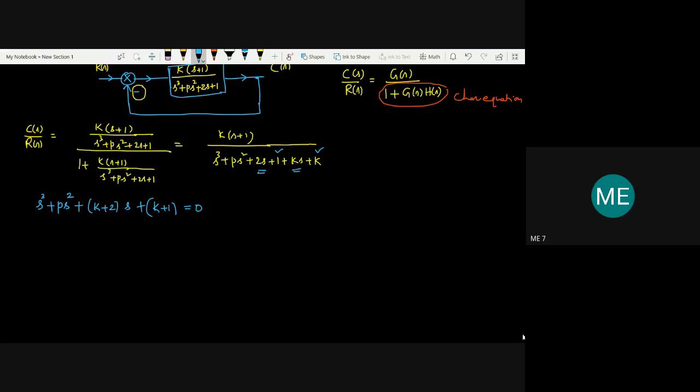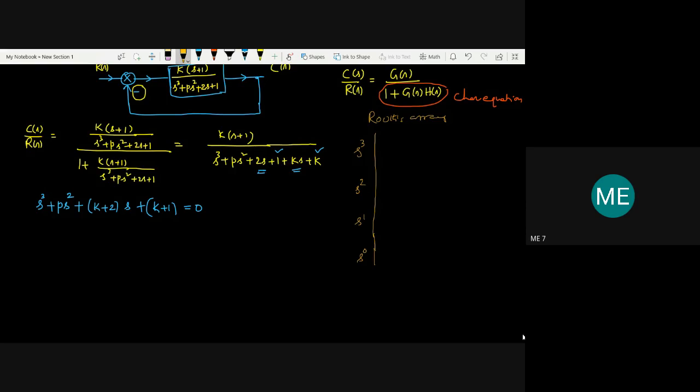Now I have to form a Routh array. So this is the Routh array. Then what are the coefficients we have? There is s cube, then s square, then s to the power of 1, and then s to the power of 0.